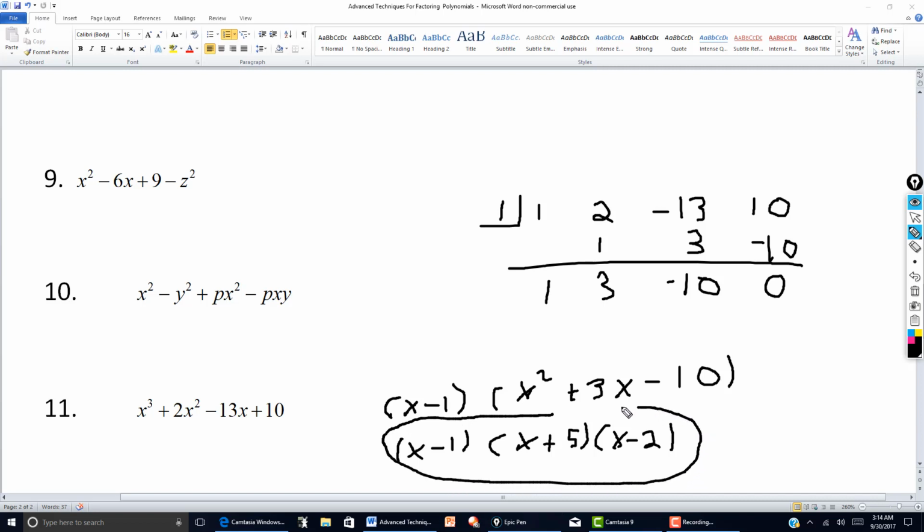Okay, so this right here then is the complete factorization of this polynomial.